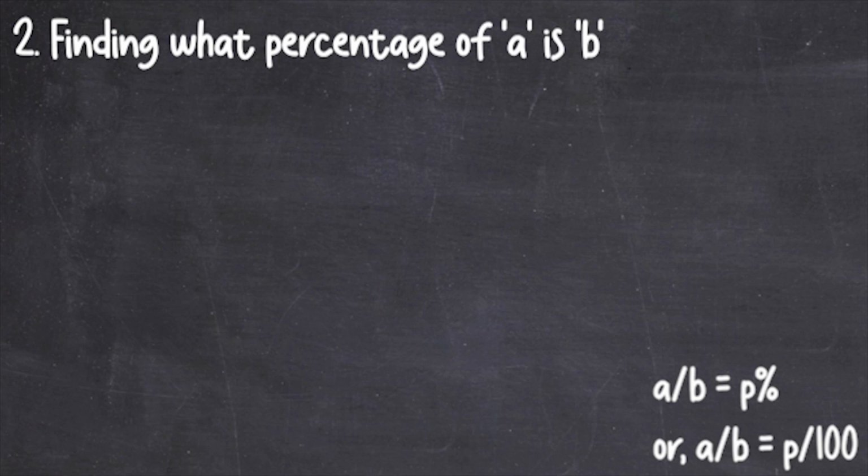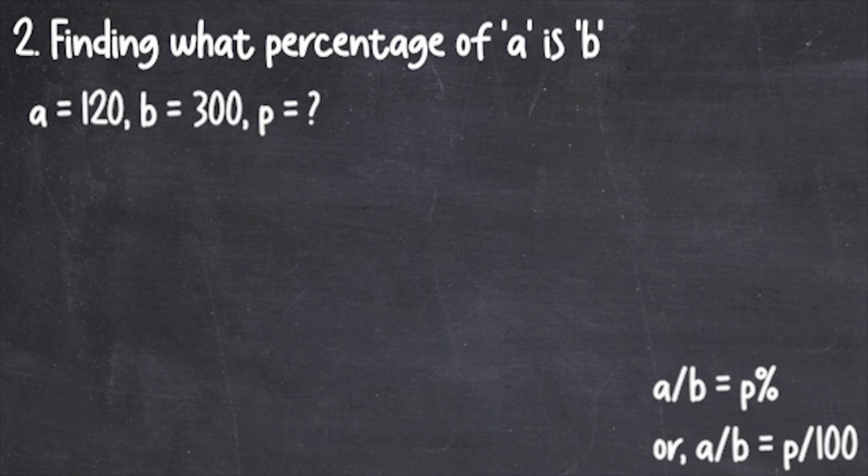In this case, A equals 120, B equals 300, and P, the percentage, is unknown. Plugging in A and B in the formula gives us 120 over 300 equals P percent, which is the same as writing 120 over 300 equals P over 100.